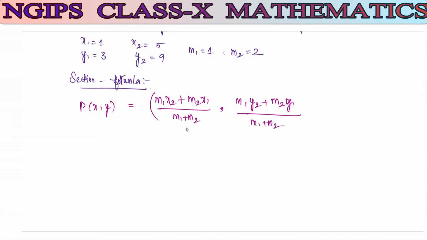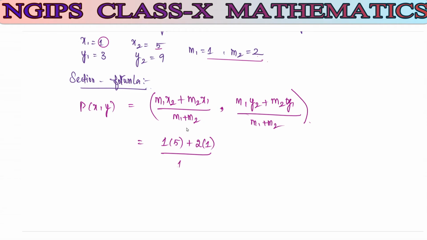So this is the section formula. Now I am going to substitute the values. m1 is 1, x2 is 5, plus m2 value 2, x1 is 1, divided by m1 plus m2.